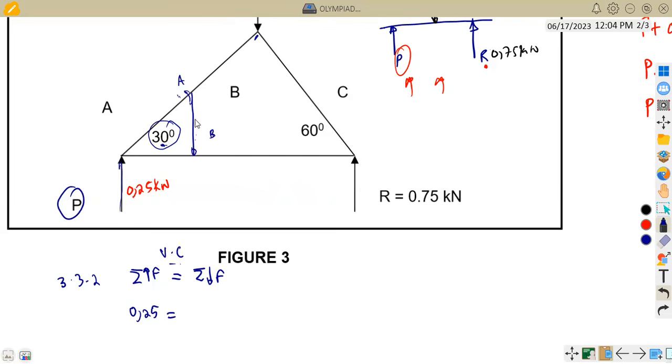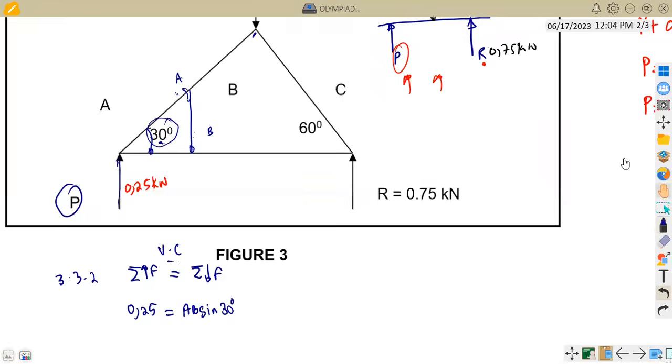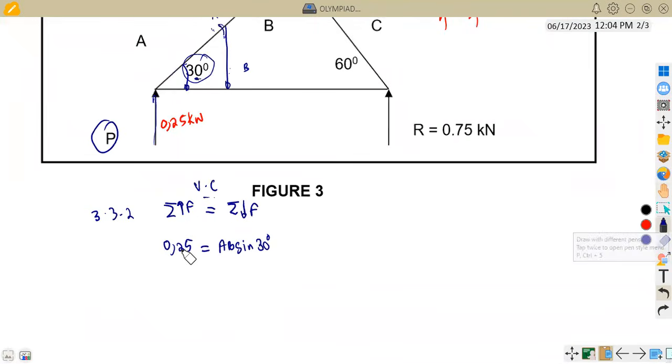So the upward must be equal to the downward, meaning we are going to have AB sine of 30 degrees, because the angle is taken from the force to the horizontal. We have formulated an equation where we can solve AB. If we divide by the sine of 30 degrees both sides, we obtain AB.